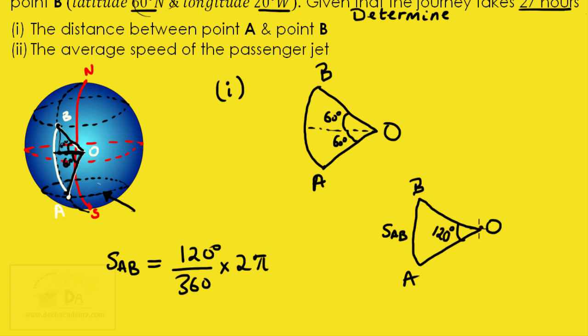What's this radius? What's the length of OB and OA? It's big R, because points B and A lie on the surface of the Earth, and you know that the length of any line from the center of the Earth to a point on the surface is equal to the radius of the Earth, big R. So we have big R here.